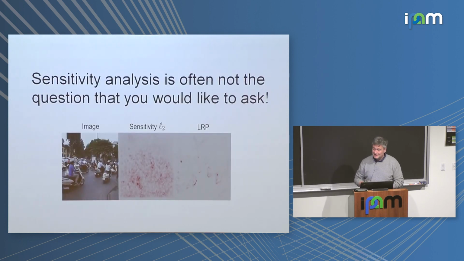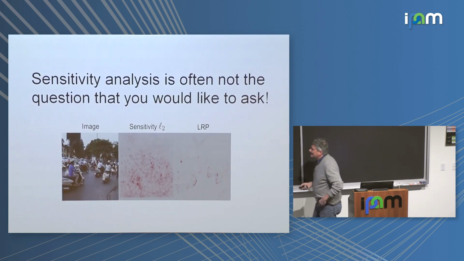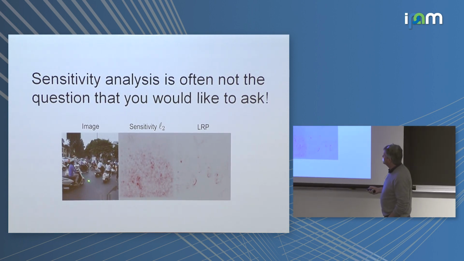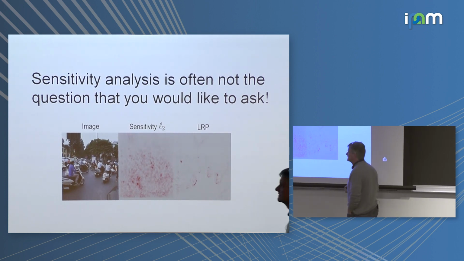Okay, so let me just digest a bit. Here's an image with a lot of scooters. I show you the heat map of this generated by the sensitivity, which is the gradients. And you can see it's a mess, which comes from the gradient shattering effect, and because this is actually not asking the right question.